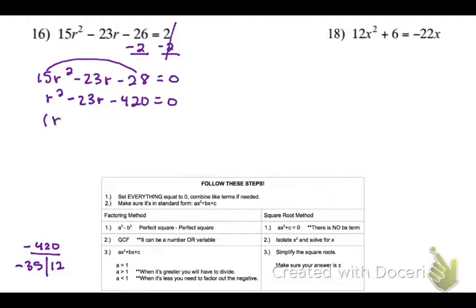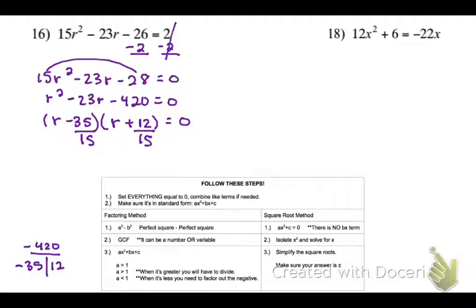Now I'm going to be left with r minus 35 and r plus 12 is equal to 0. Now, you can't solve for r yet, because the only reason you're even here is because you multiplied by that 15, which means you're going to have to divide like I put before when it's greater than 1. So I'm going to go ahead and divide both by 15.